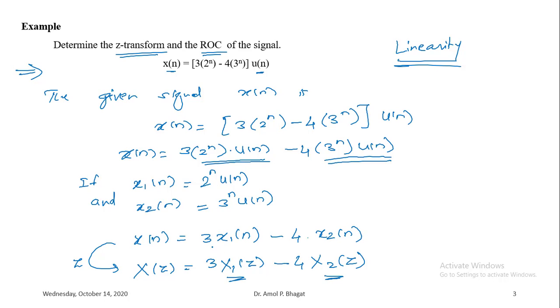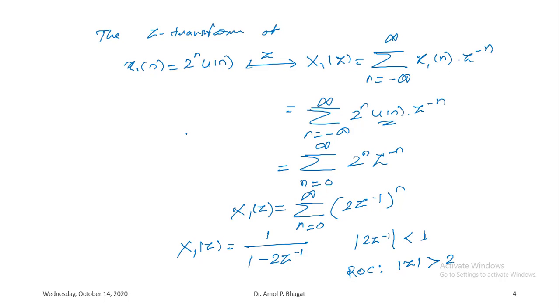So the z transform will be the linear combination of their respective z transforms. x1 of n has z transform X1 of z, and x2 of n has z transform X2 of z.